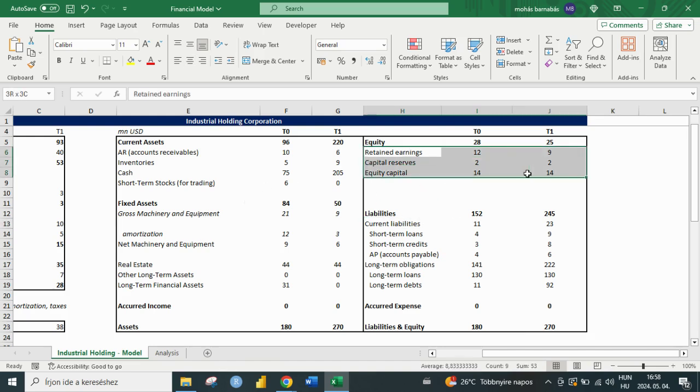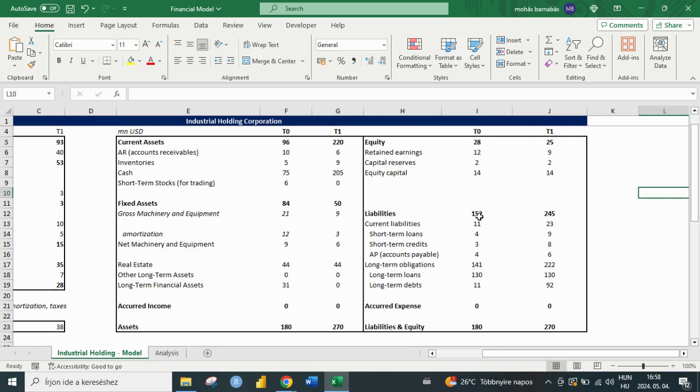So it's the own money of the company. In this case, it's not that huge. If you divide 28 by the liabilities, in this case, it's 1/6, so it's not that high. But as we can see, the current assets are substantial concerning the company, so it's not going to be a huge problem, but we will see it in a later section.